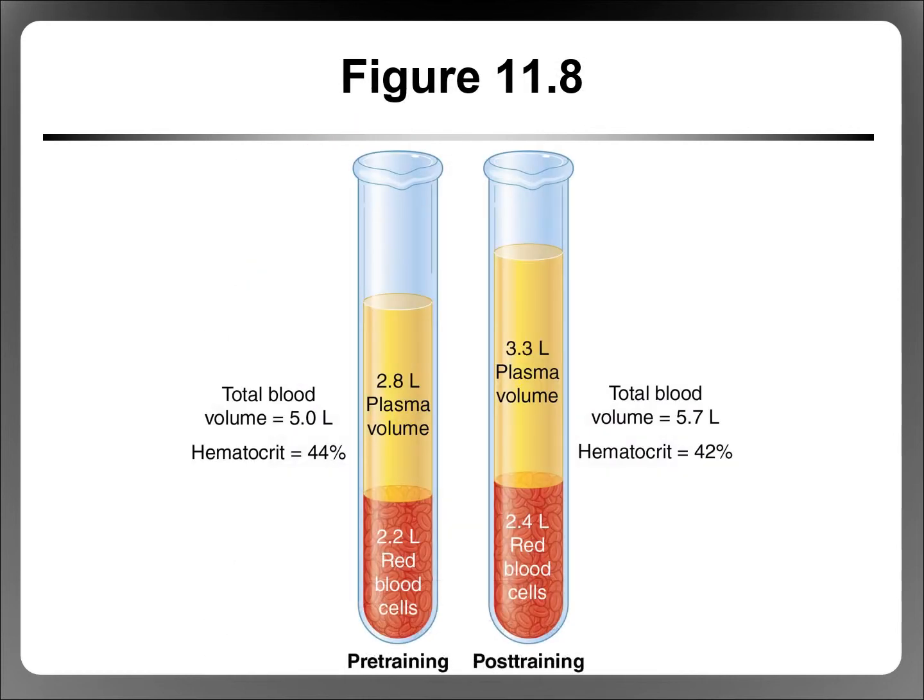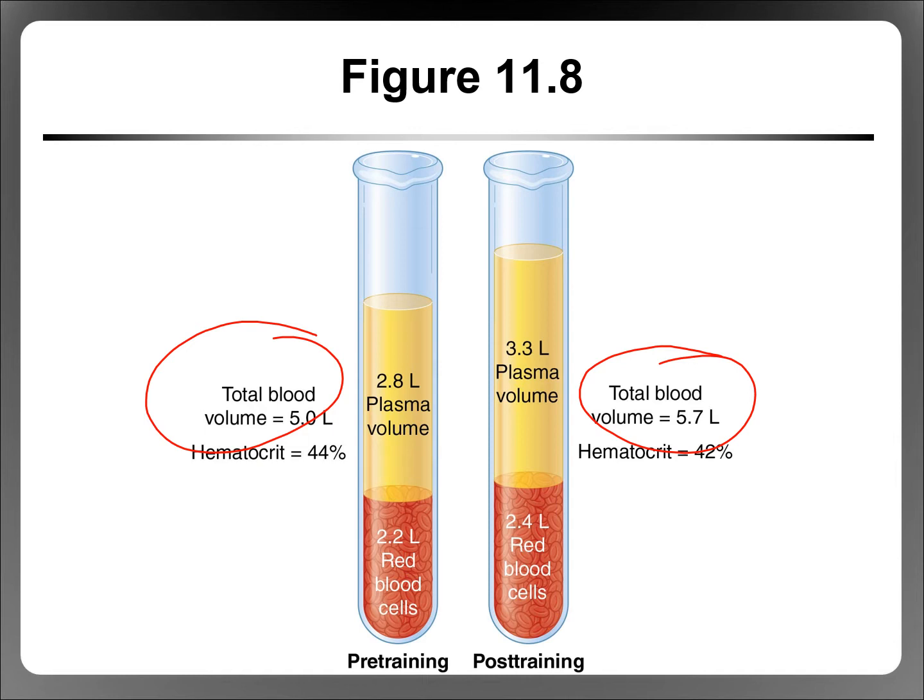All right, so we can also look at the actual pre-training and post-training blood composition. So we have the overall changes in the blood volume. Pre-training we had about 5 liters of blood, and post-training we have about 5.7.